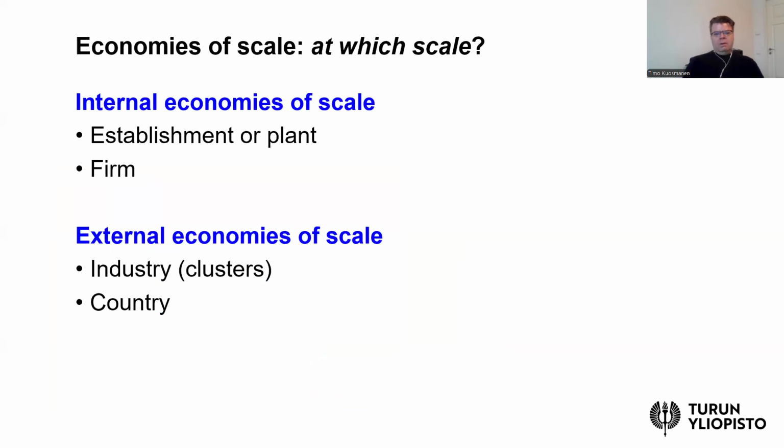In principle, if we start from the most micro level, economies of scale might require that we build a very large plant or establishment. So the economies of scale might occur at the establishment level.